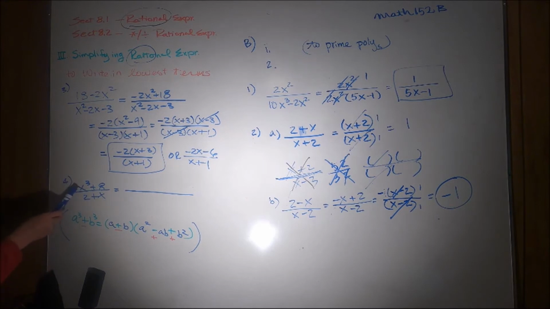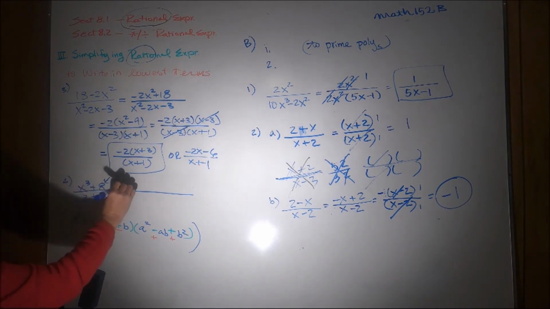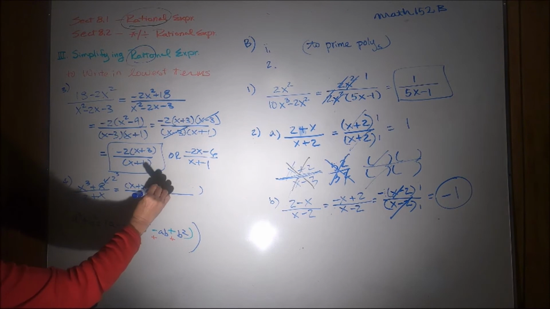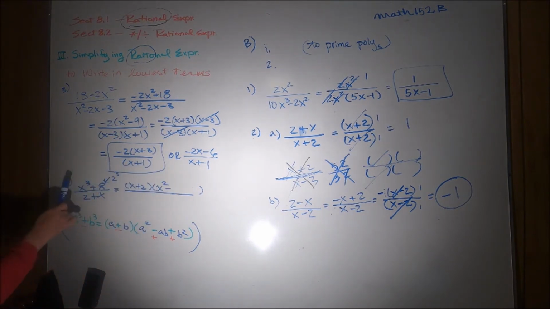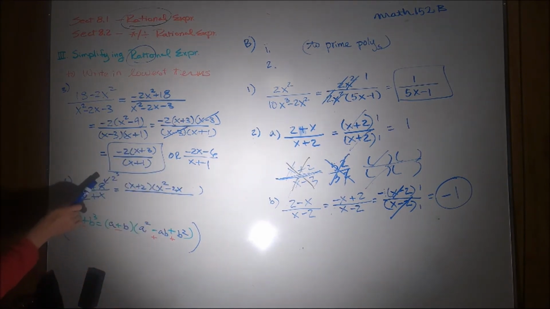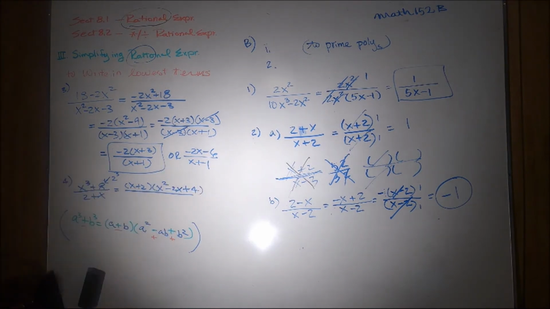So for this one, x cubed plus 8. Is 8 a cube? Yes, that's 2 cubed. So you will follow the formula. That would be x plus 2, and this one will be x squared, the first term squared, minus the 2 things multiplying together, 2 times x, 2x, plus the second thing squared, which would be 4.